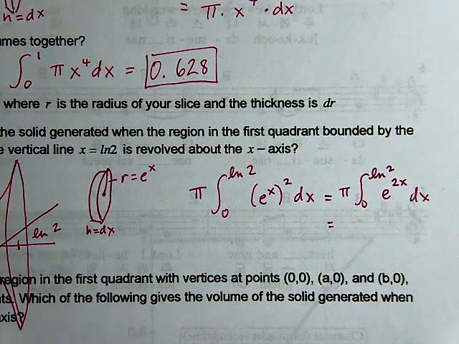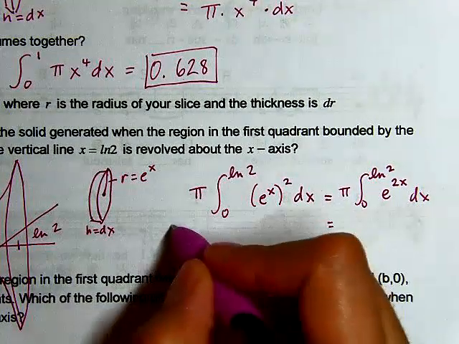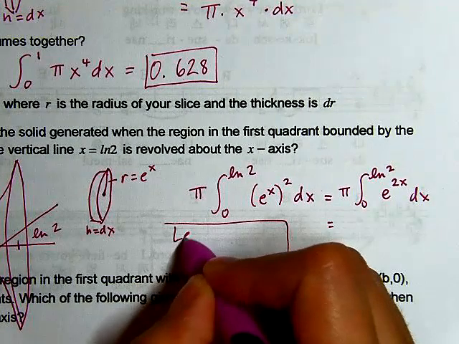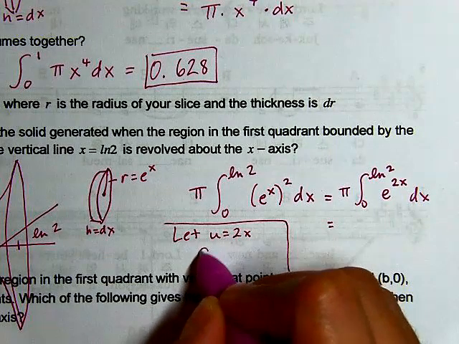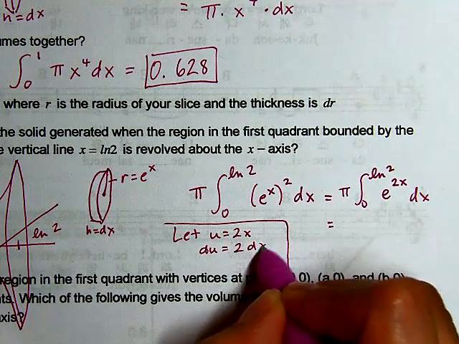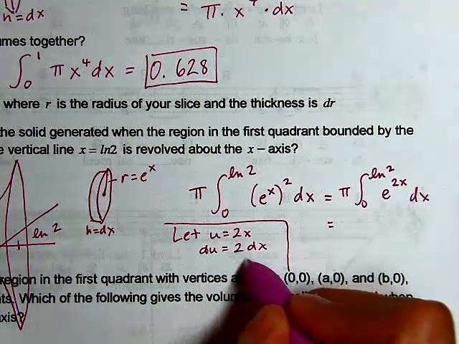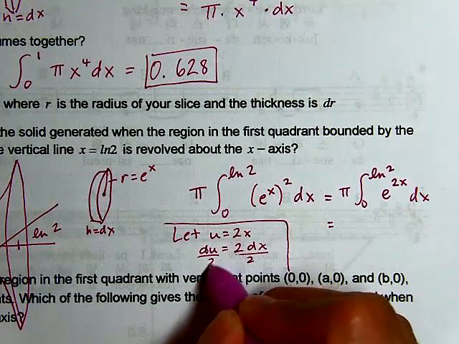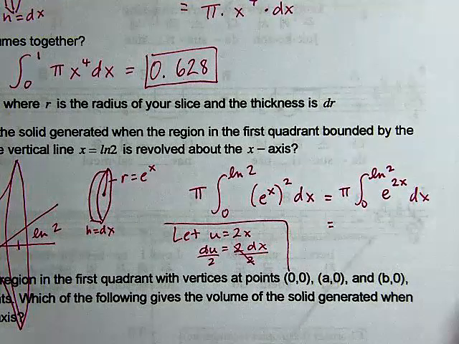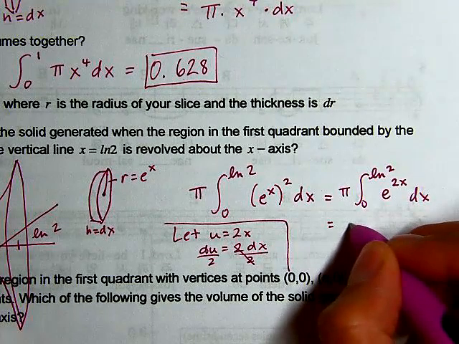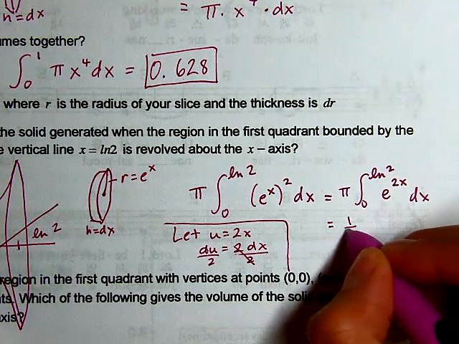So if you were to use u substitution here, which I will do off to the side, we're going to let u equal 2x. So du is 2 dx. I do not have a 2 anywhere here, so I need to divide that out. So dx is 1/2 du. So I'll go ahead and pull the 1/2 out in front with the pi.